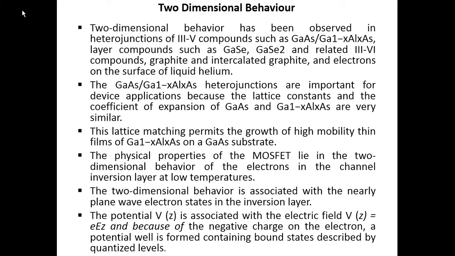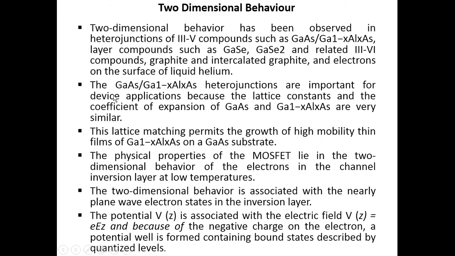Gallium arsenide and gallium aluminum arsenide heterojunctions: dissimilar materials having two different lattice constants, when joined together, form a heterojunction. Such heterojunctions are important for device applications because the lattice constants and the coefficients of expansion of gallium arsenide and gallium aluminum arsenide are very similar.